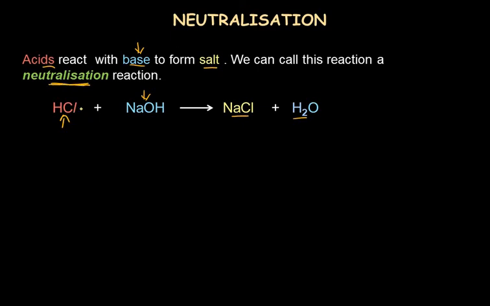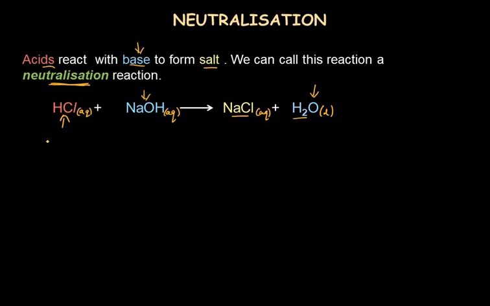So here let's understand that hydrochloric acid is always taken in the aqueous form, and sodium hydroxide, being a solid, is also dissolved in water to undergo a neutralization reaction. So NaCl is also produced in aqueous form and the water is obviously produced in liquid form. Now if we want to write the ionic equation of this, we need to understand that the substances which are produced in solid, liquid or gaseous form cannot be written in the ionized form.